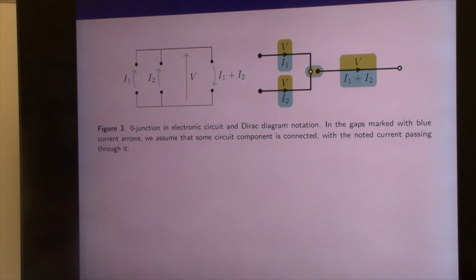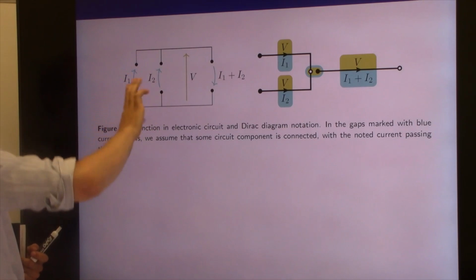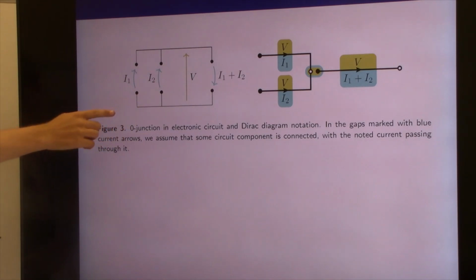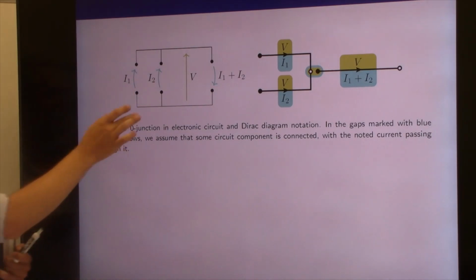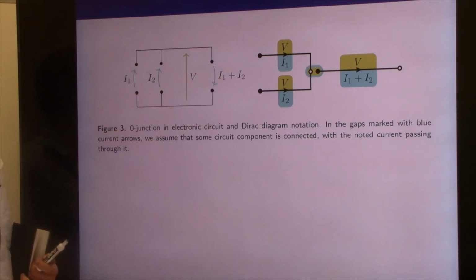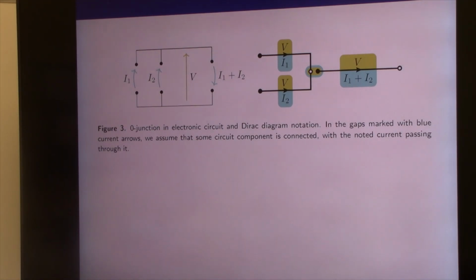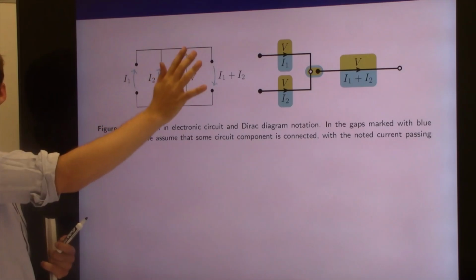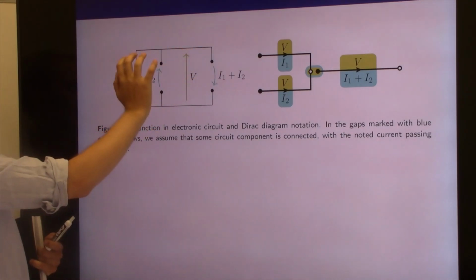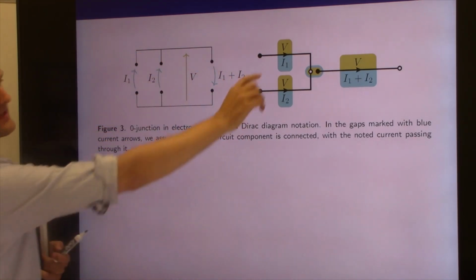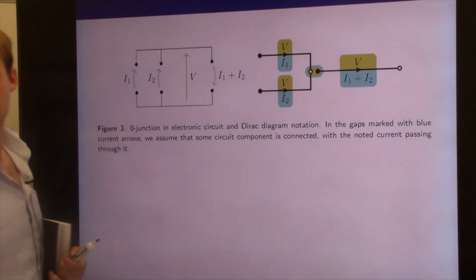Kirchhoff's current law says that the two currents here have to add to the current here. And for voltage, just the fact that voltage is the same across a short means that the voltage across each of these dividers is the same. So we have this sort of funny thing: there isn't a function that goes from the state of these ports to this, or the other way around. It's more that the flows and efforts here are related to the flows and efforts here. And this is how you would express this same thing in Dirac diagram notation.